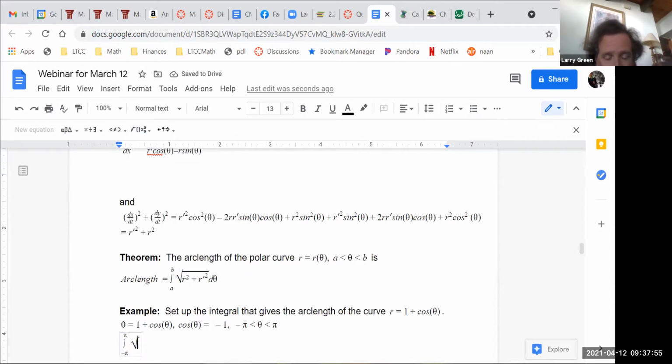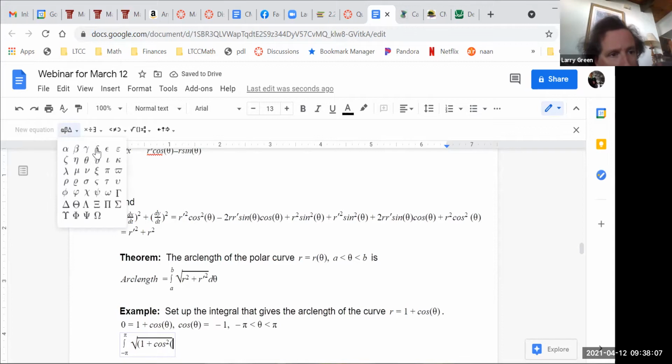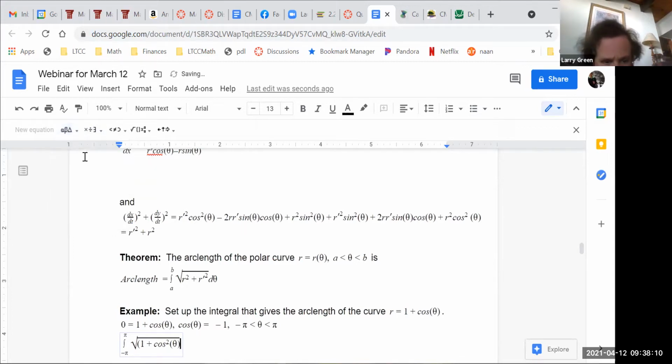We're going to have r squared, which is 1 plus cosine of theta, quantity squared. That's what I want. And then plus r prime squared. And r prime, derivative of r, is going to be negative sine of theta. Negative sine of theta squared, I can do that in my head. That's just sine squared theta.